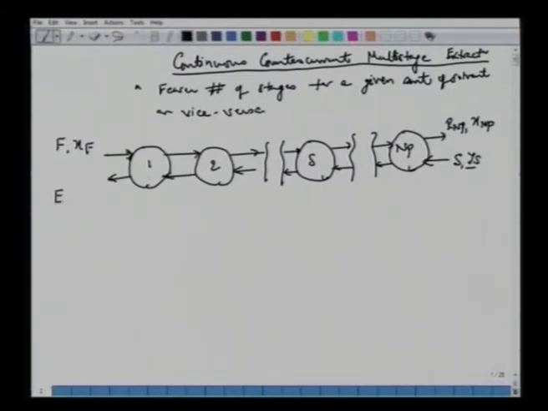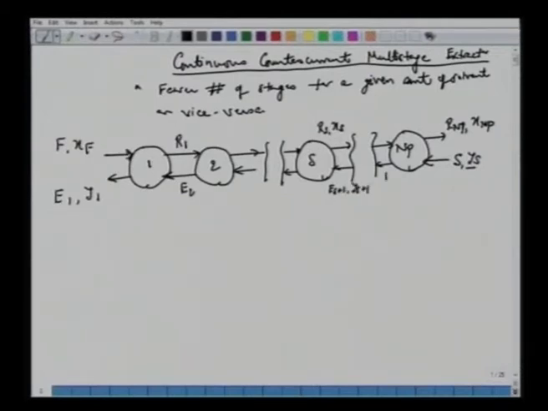Similarly, this should be ENP, YNP, and here we have RNP minus 1. So this is what we have here. And we want to find out what is the minimum amount of solvent. So this is the amount of solvent which will give us an infinite number of stages.